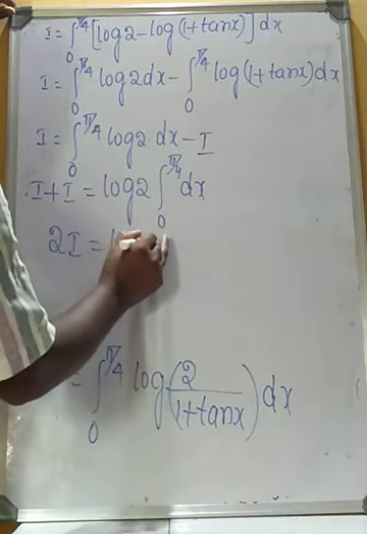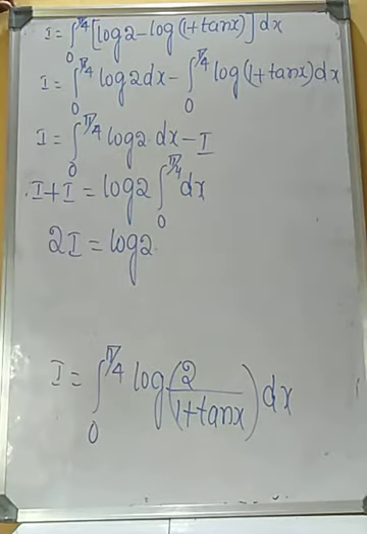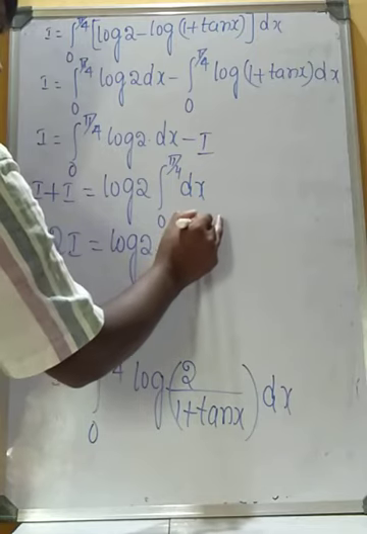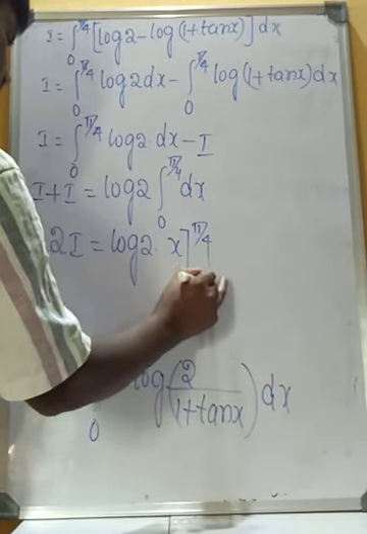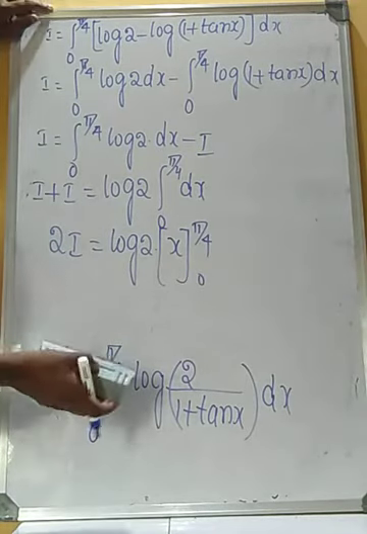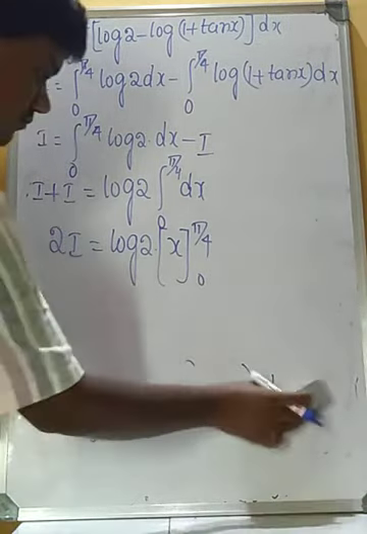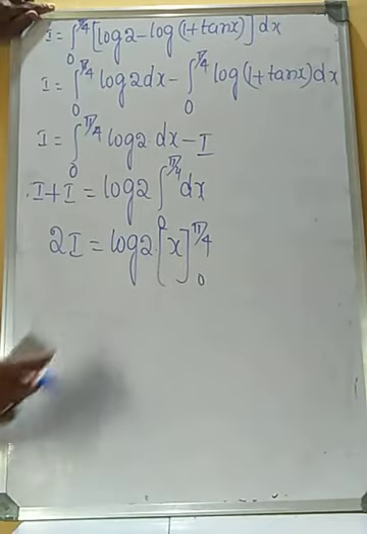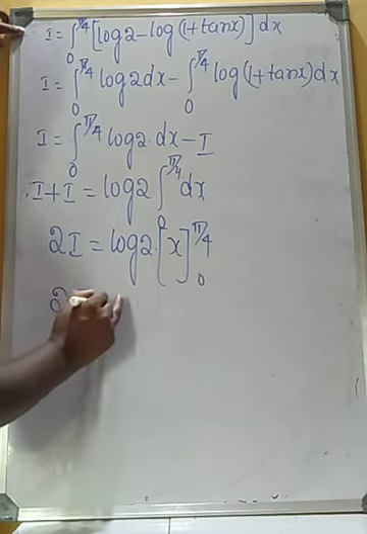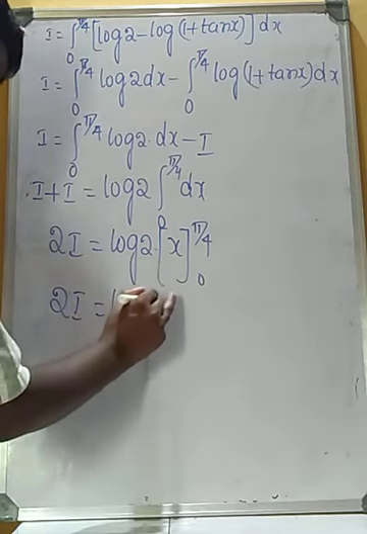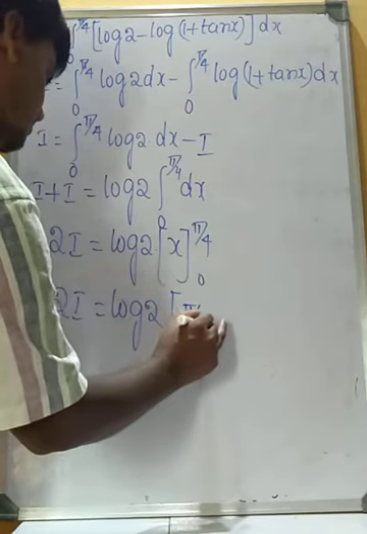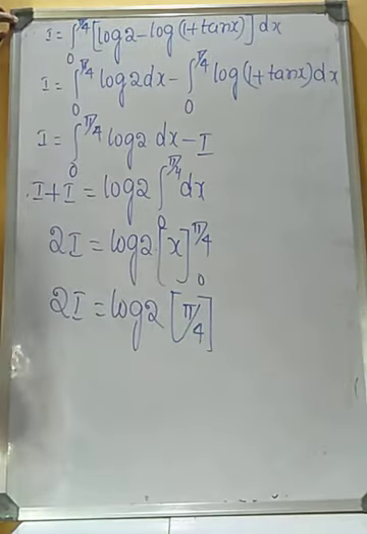equals log 2, as it is, integral of dx is x. Upper limit is pi by 4, lower limit is 0. So therefore 2I is equal to log 2, x is pi by 4 minus 0, that is pi by 4.